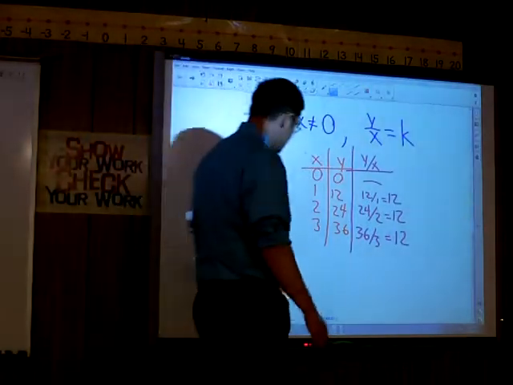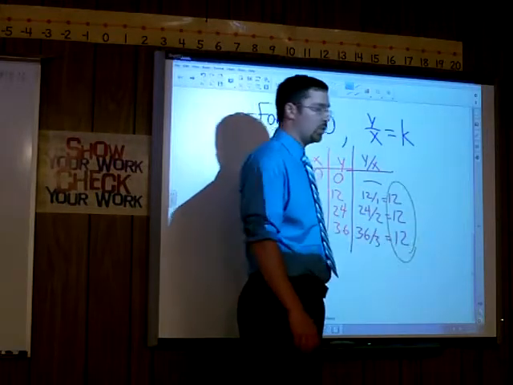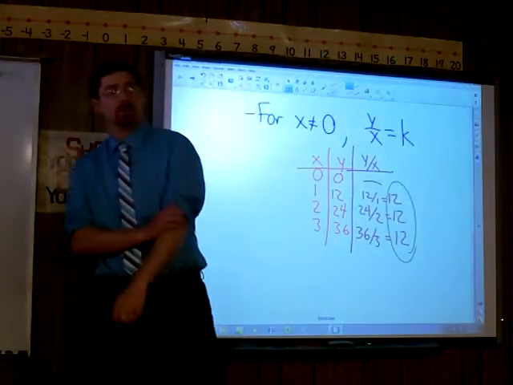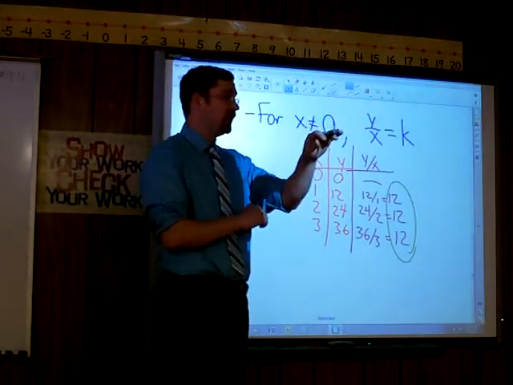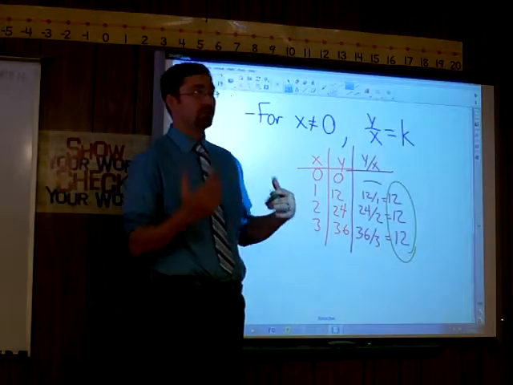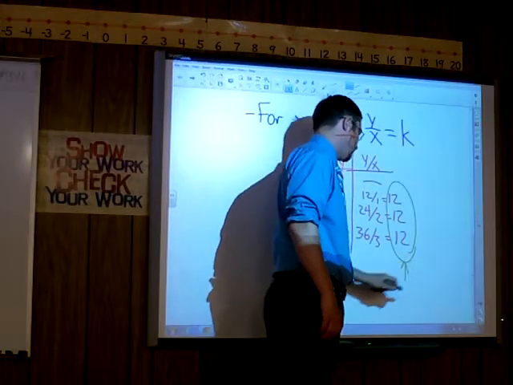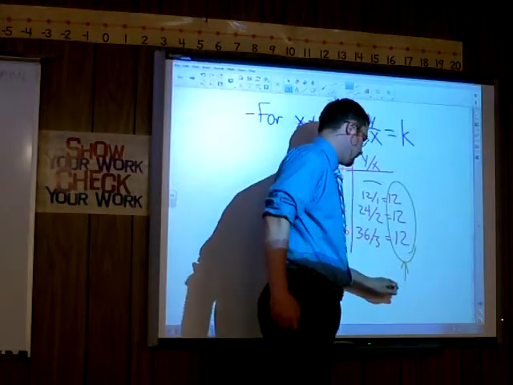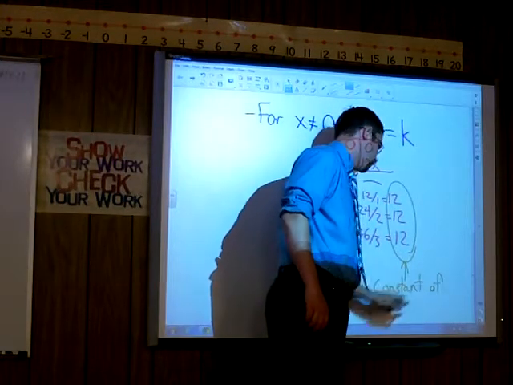And notice that value you're getting every time is what? If we think of it as a line, it's the slope, always k. And k is our, what's the term for that? Constant of proportionality.